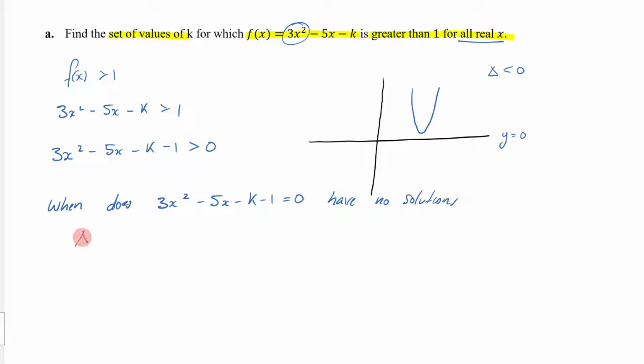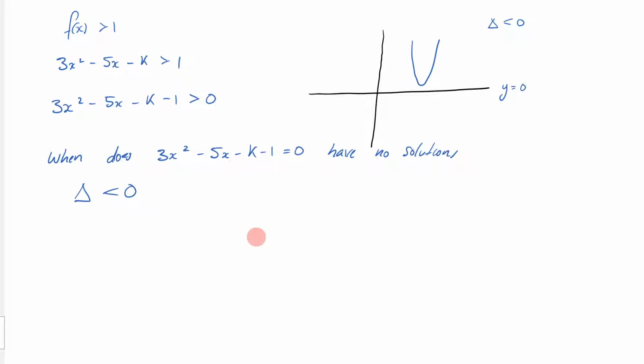And it has no solutions when the discriminant is less than 0. So I've manipulated it in such a way that I can now just talk about when it is above the x-axis, in other words, when it is greater than 0.